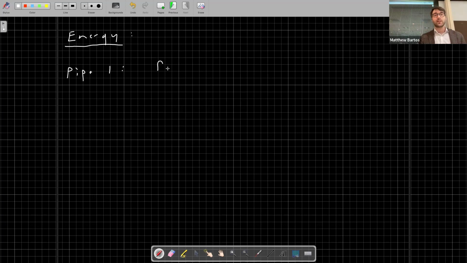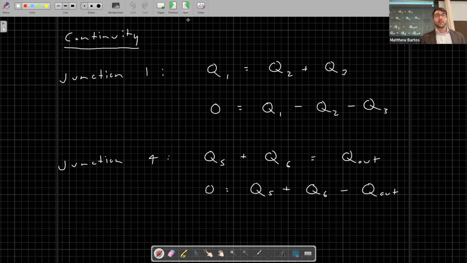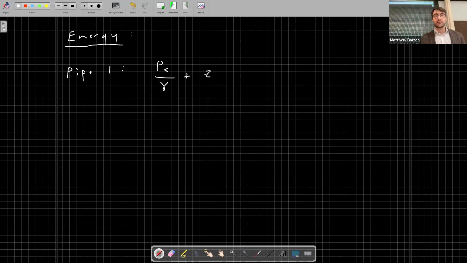We have, I'll call it P5 over gamma, because I'm calling this reservoir 5: P5 over gamma plus Z5 plus U5 squared over 2g is equal to P1 over gamma plus Z1 plus U1 squared over 2g. Okay, so node 5 is a reservoir. So we know that 2 of these elements go away.